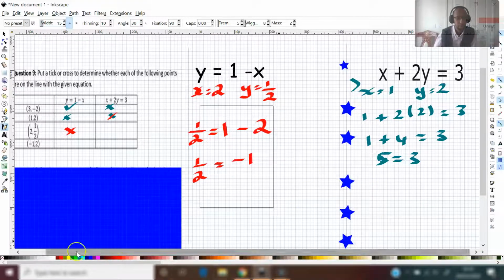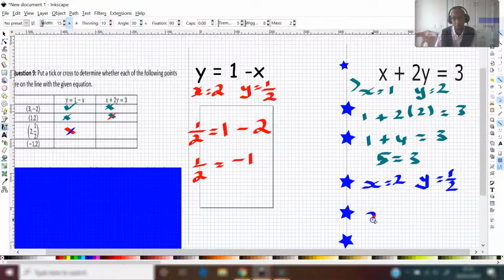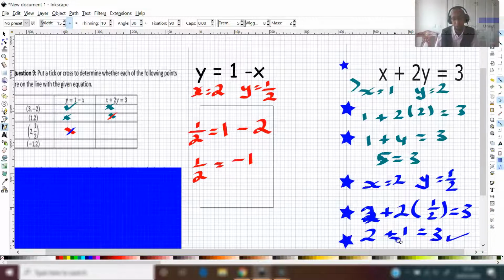And for the next one, X is 2, Y is a half. Plug those points in, we get 2 plus, what's 2 times a half? It's 1. So 2 plus 1 is 3. Therefore, this would be 3 equals 3. That is indeed correct. So that works.